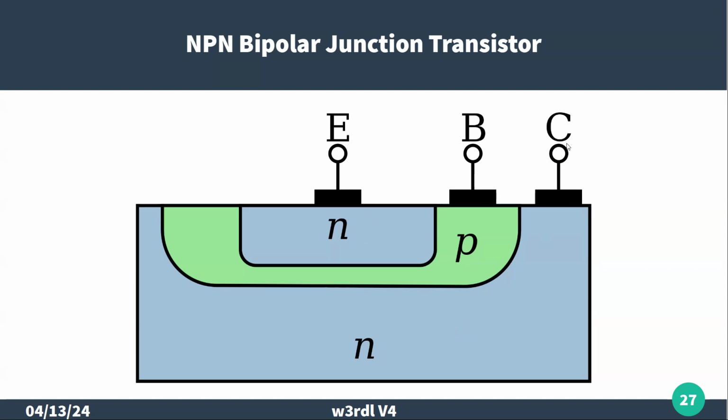And the amount of gain, or what we call beta, of the collector to emitter current versus the base emitter current is going to be proportional to the thickness of this P layer. So the smaller that is, the larger amount of current we can control from the collector emitter with the base emitter current.